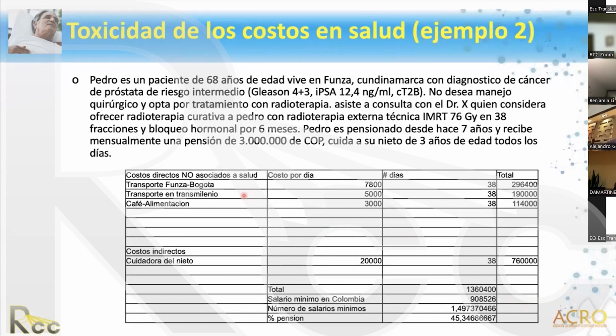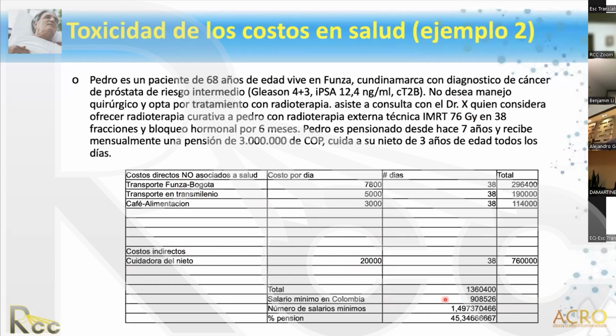So let's look at the cost of Pedro not taking care of his grandson during those 38 sessions. We're talking about direct costs, those of transportation. Since he cannot go to take care of his grandson, he needs to pay for someone to take care of his grandchild.